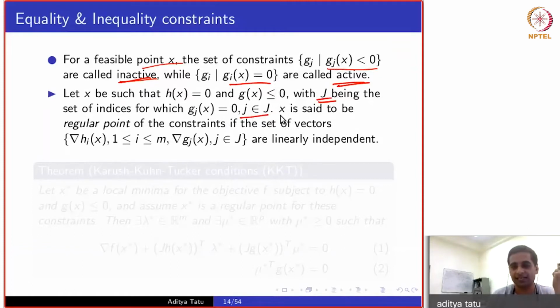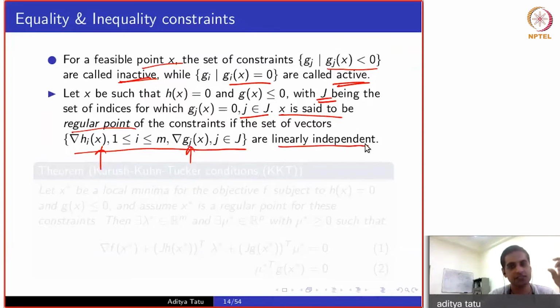And then we say that X is a regular point of these constraints if the gradients of all equality constraints and the gradients of all active constraints are linearly independent. The same reason: I can treat all these active constraints as equality constraints, and I would want all of them to impose an independent constraint. So this linear independence guarantees that basically.